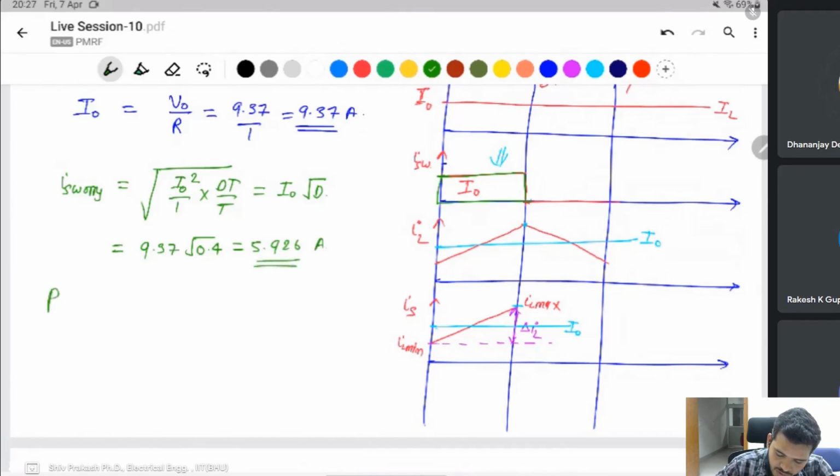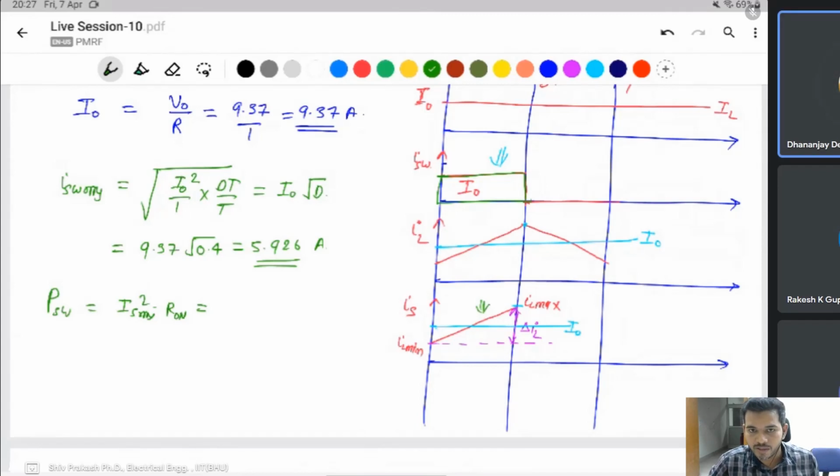What is the power loss? Sir, here we cannot take that triangular shape of current in the RMS quantity. It will take a long time, because the long method; we have taken that average current I DC.